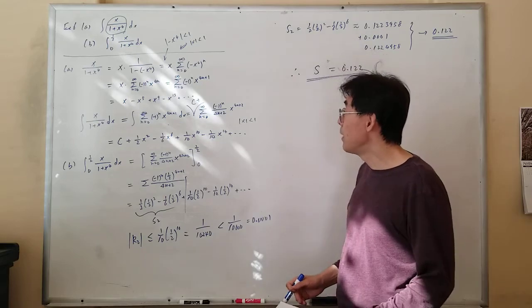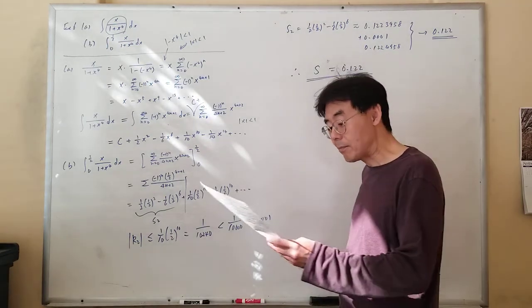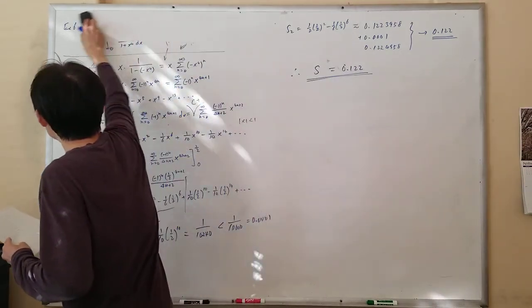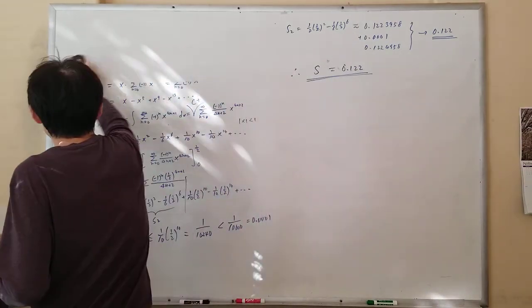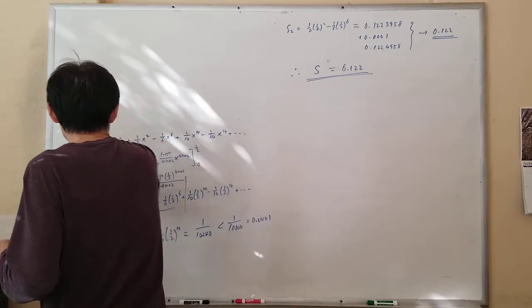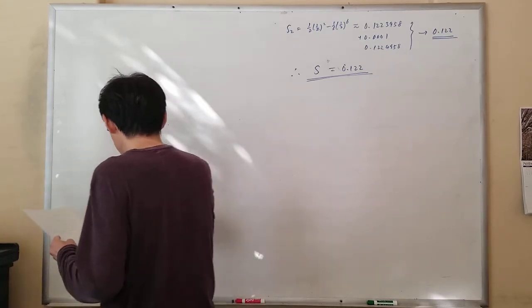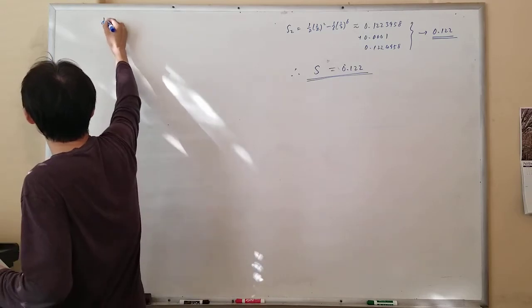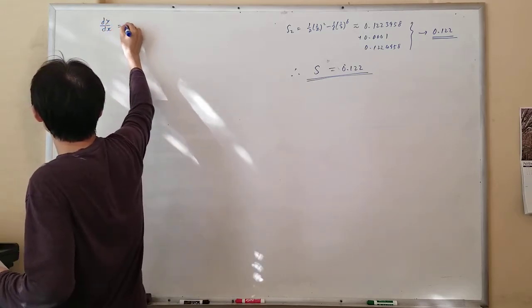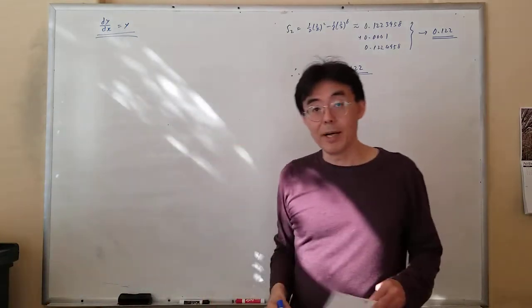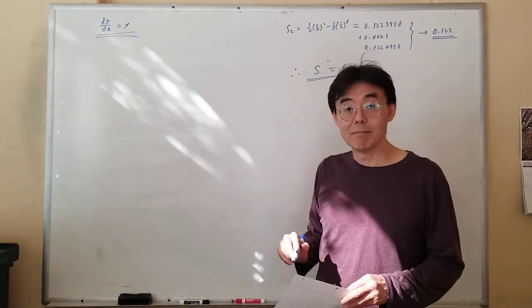Now, the final example. Example 7 is showing some function as a solution of a differential equation. Okay? So let's say you have a differential equation, dy/dx equals y. What does it mean?